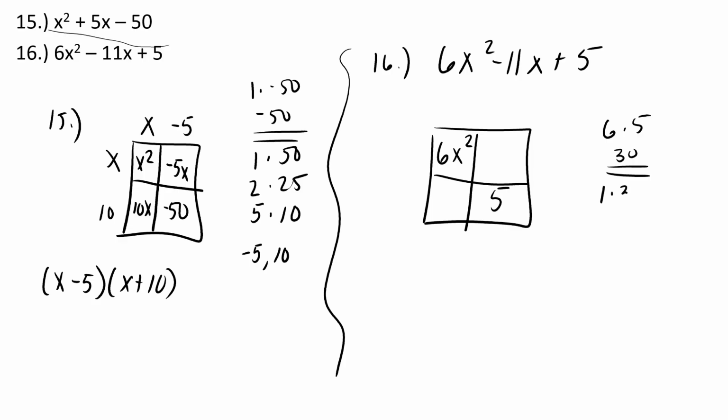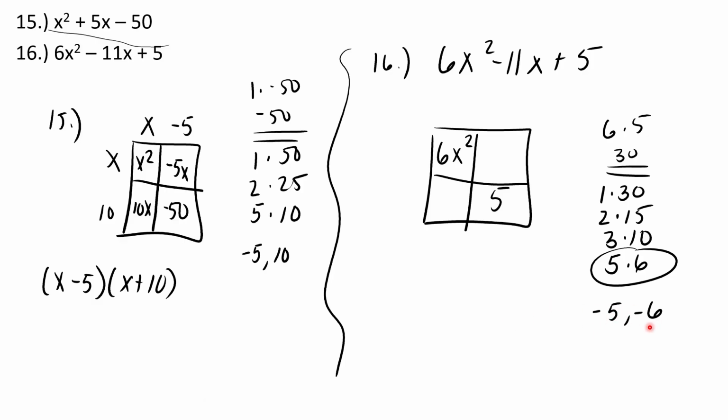So 1 times 30, 2 times 15, 3 times 10, none of these can get me an 11. 4 is not a factor because 15 is odd. And then 5 times 6, and I can get the 11 from those, which is kind of where I started from, but they would both need to be negative. If I need them to add up to negative 11, they would both need to be negative. And so we'll double check that before we plug them in.